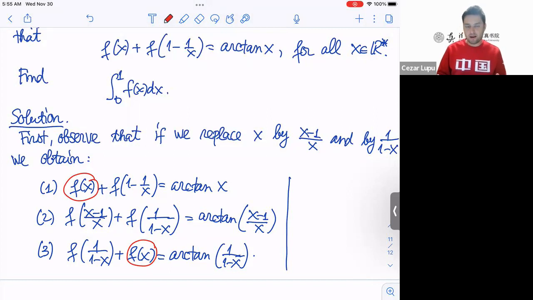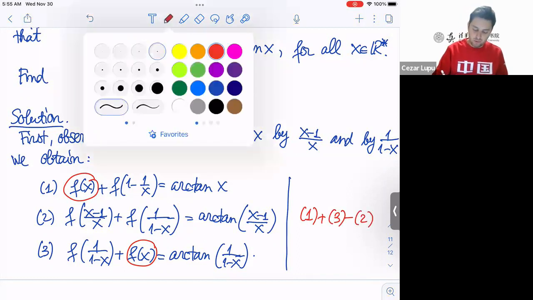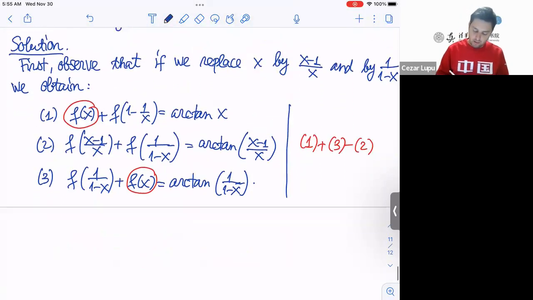But like I said, we don't want any extra f's there of different arguments. So we want to keep as much as we can in f of x. So maybe we should just add 1 and 3 and subtract 2. So once we do this, we're going to get the following.